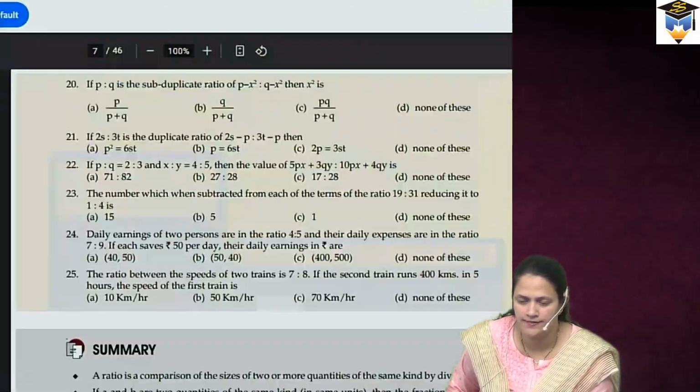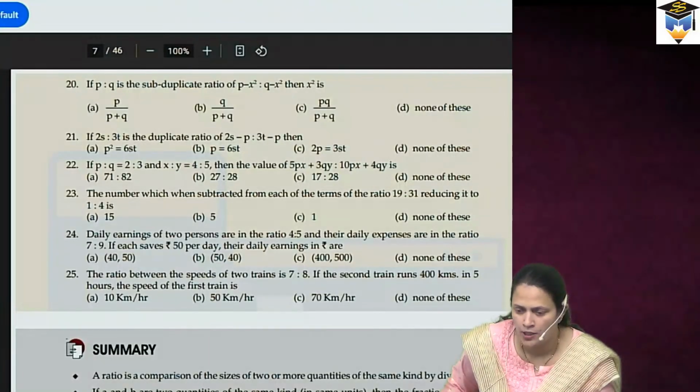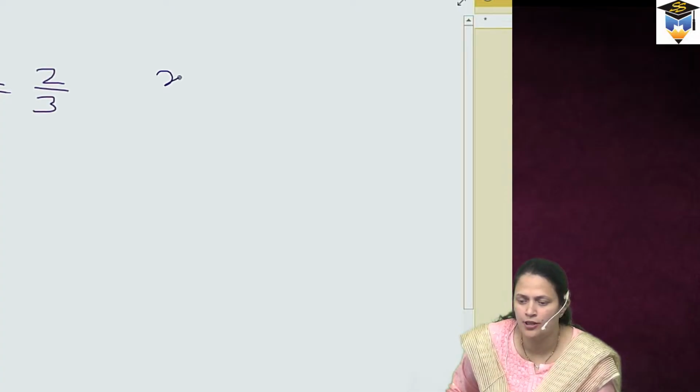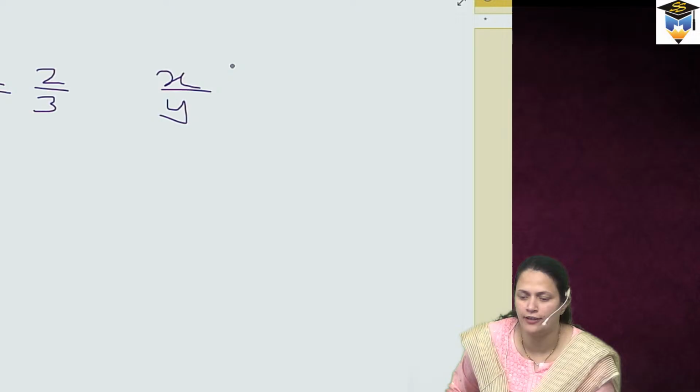So we all know P upon Q is given to us as 2 upon 3 and X upon Y is given to us as 4 by 5.